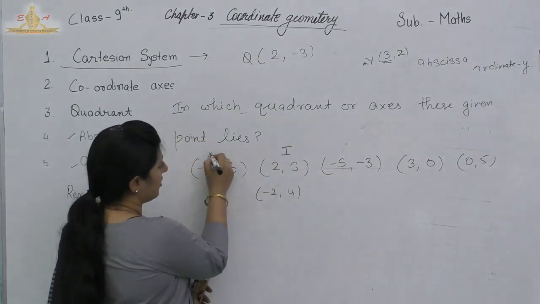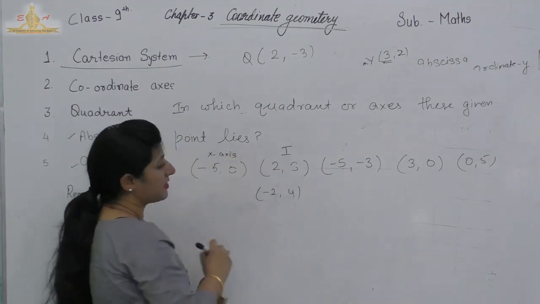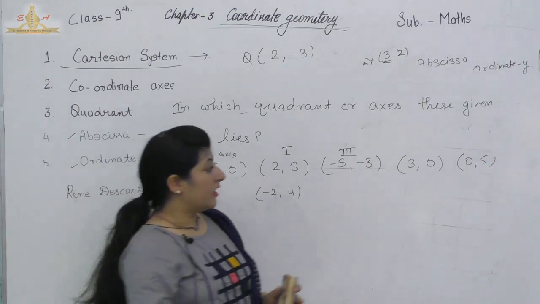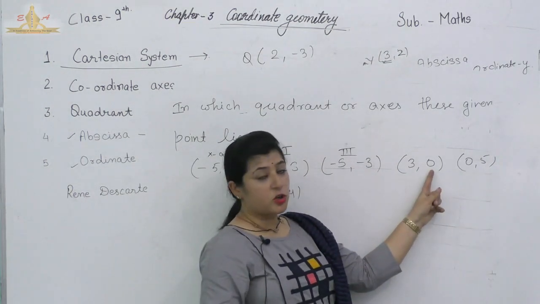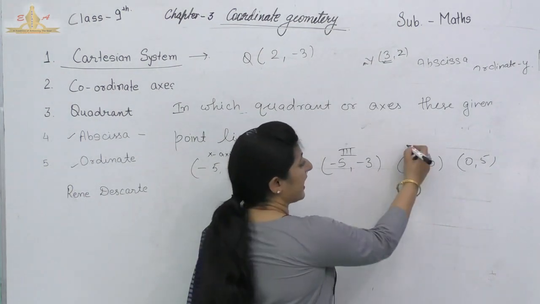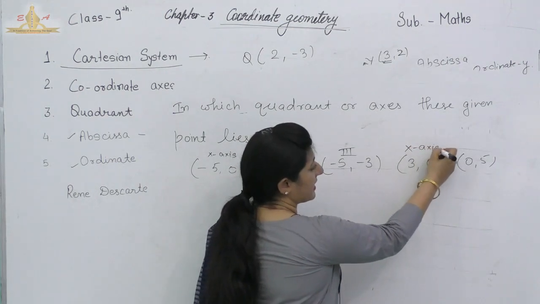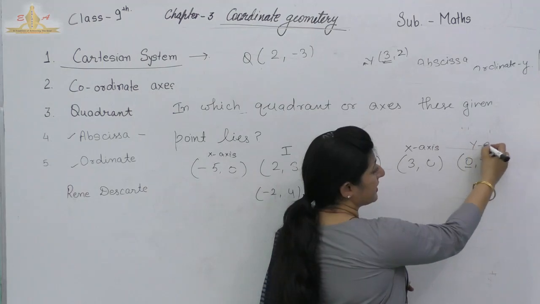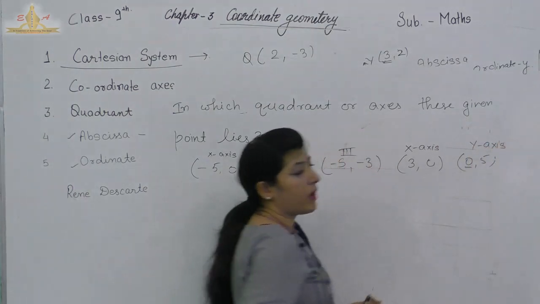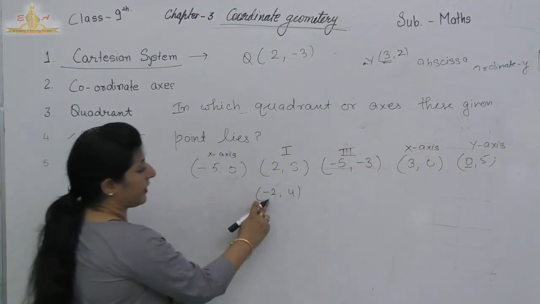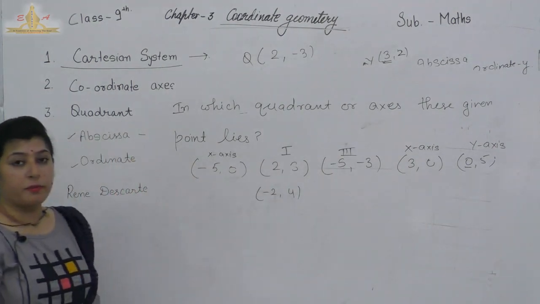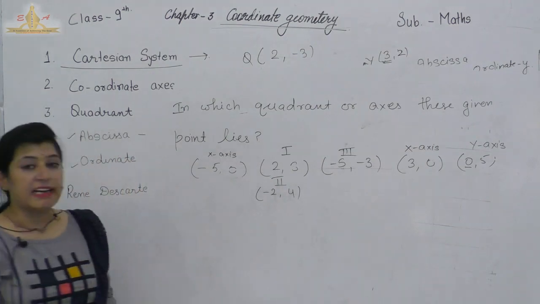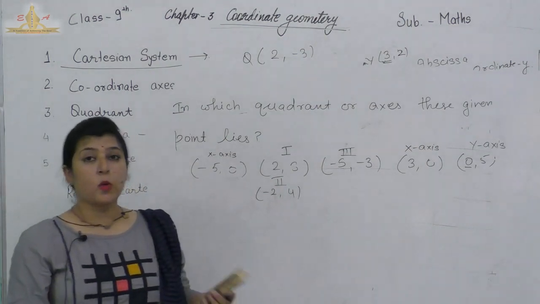Here y is 0, so it lies on the x-axis. Here x is 0, so this lies on the y-axis. (Minus 2, 4) is minus comma plus, remember it lies in the second quadrant.